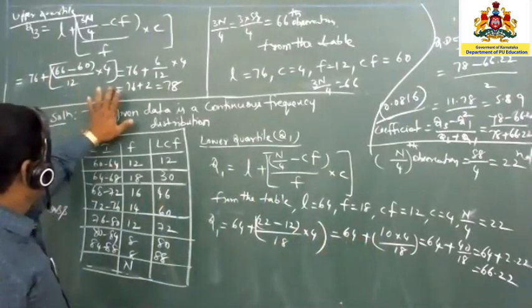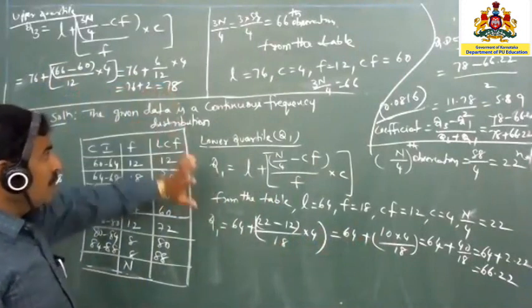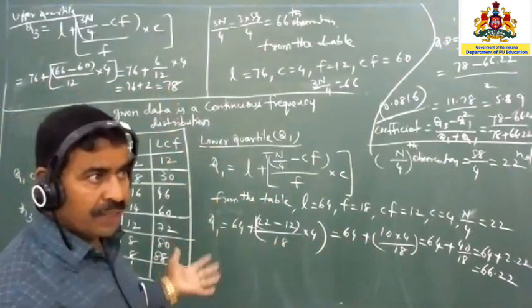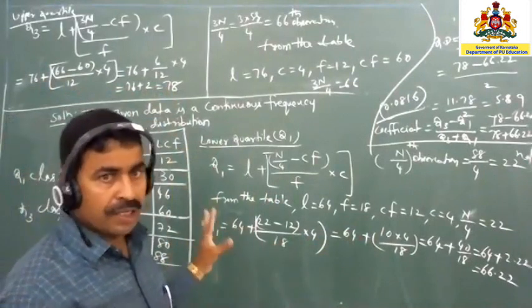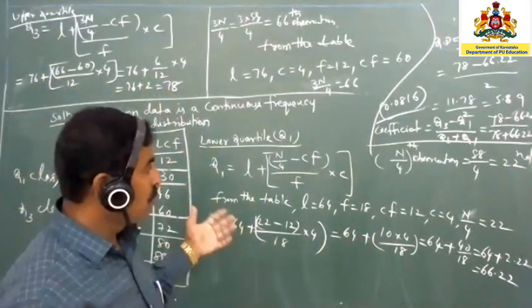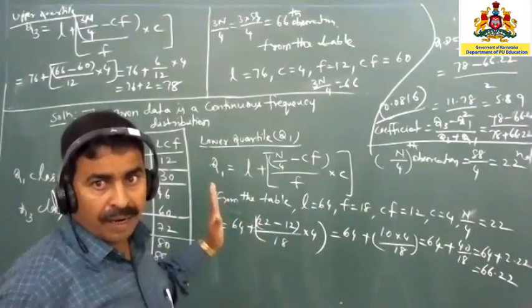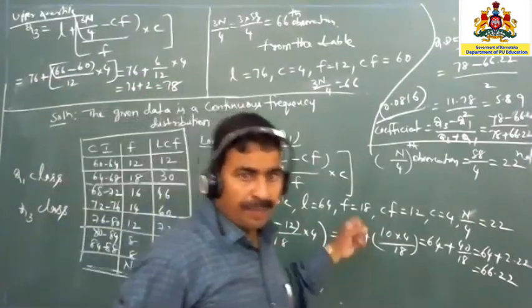By using the formula we get the values and substitute them in the quartile deviation formula. Quartile deviation and coefficient are the same for all types of data. Only the calculation of quartiles differs according to the type of the distribution.